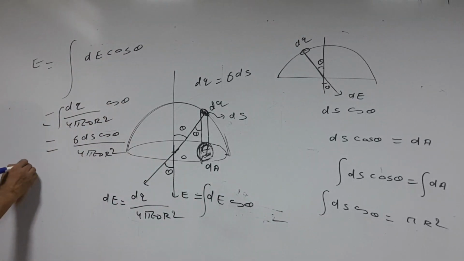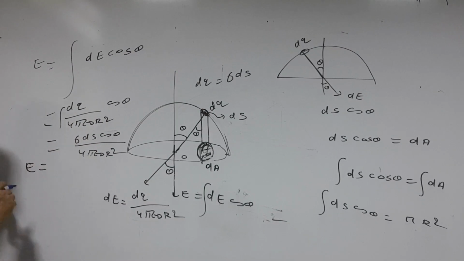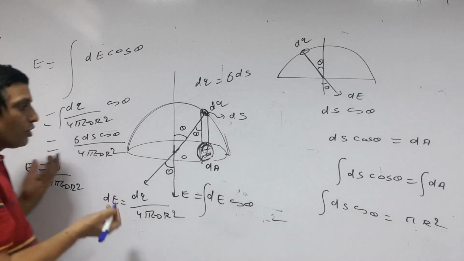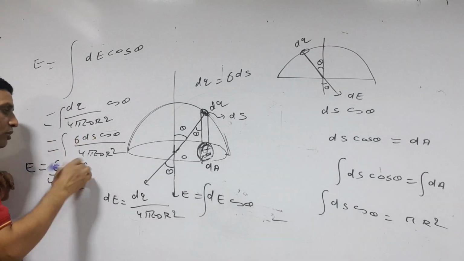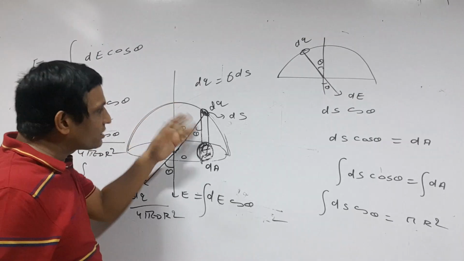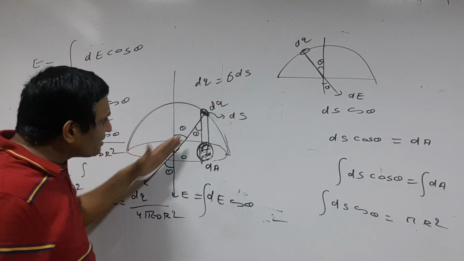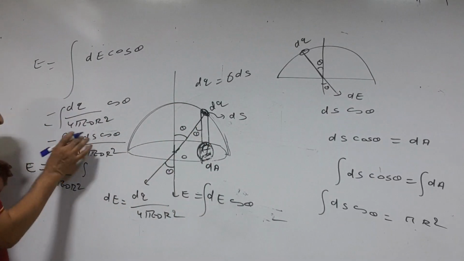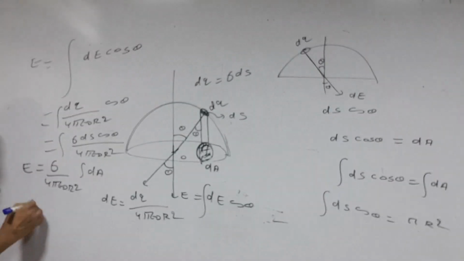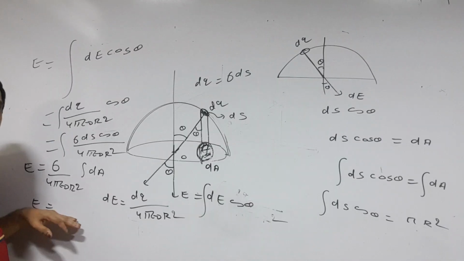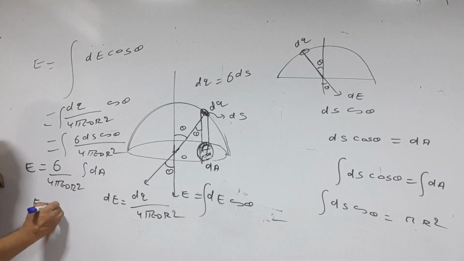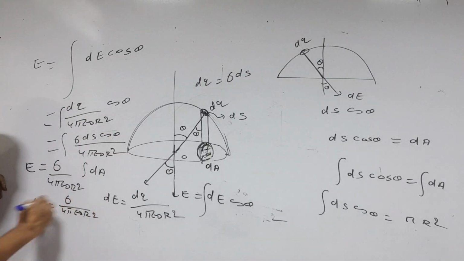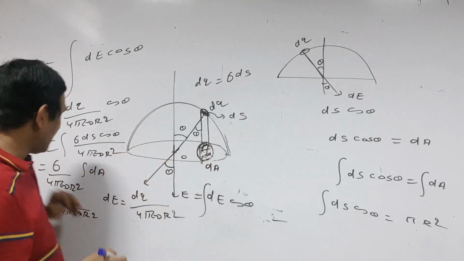So E will be sigma by 4 pi epsilon naught r square times the integration of ds cos theta, which is dA. Hence you get E equal to sigma by 4 pi epsilon naught r square into pi r square.